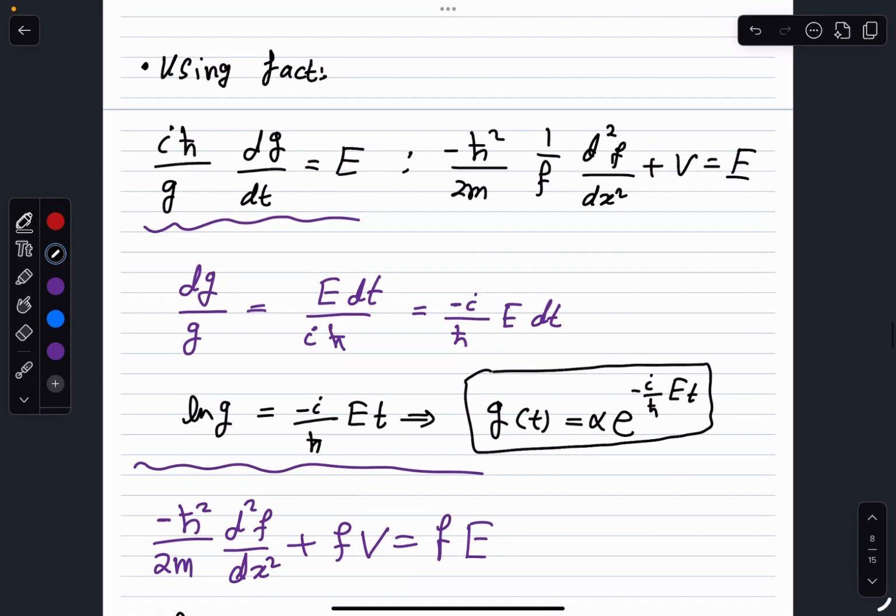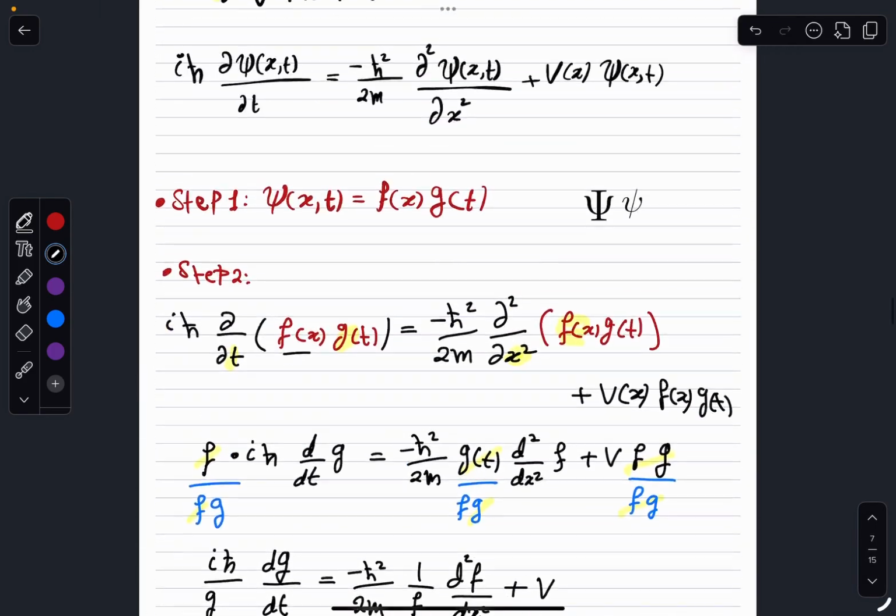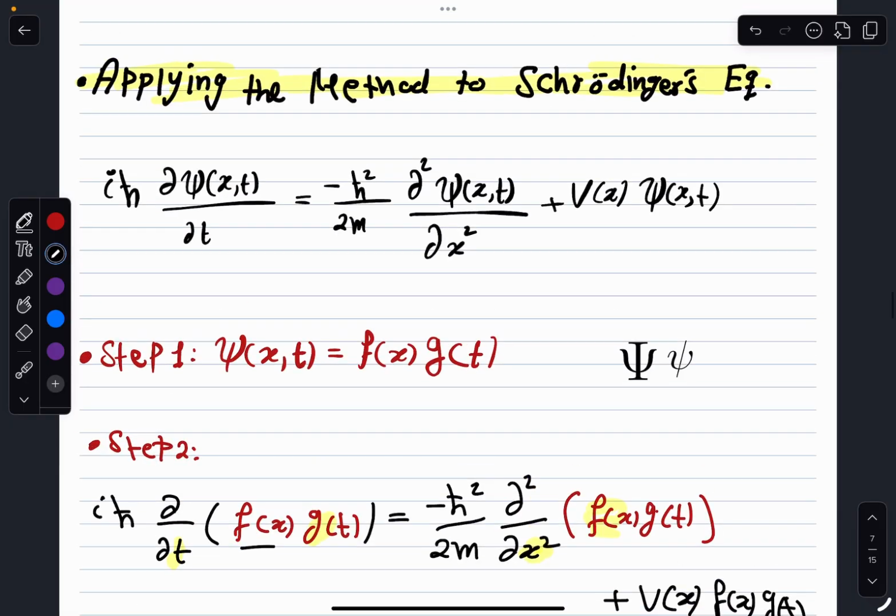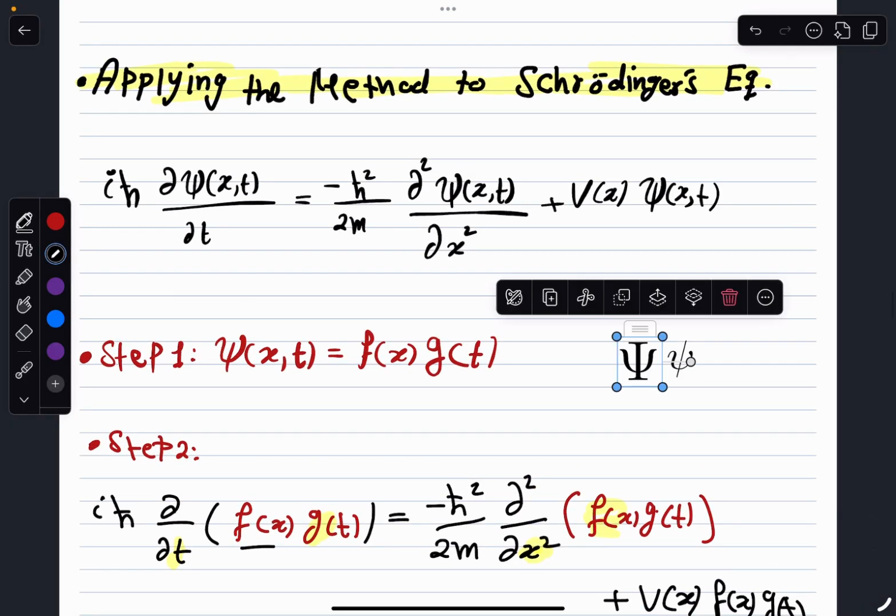Now I want to emphasize the following. Usually we denote the time-dependent wave function, which depends on x and t, by capital Psi.